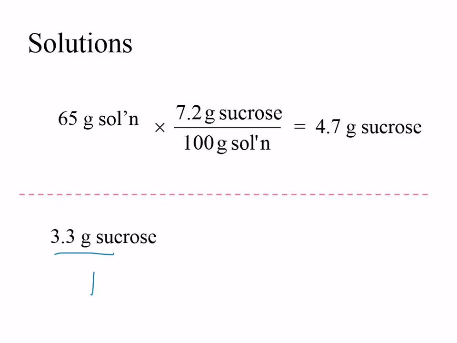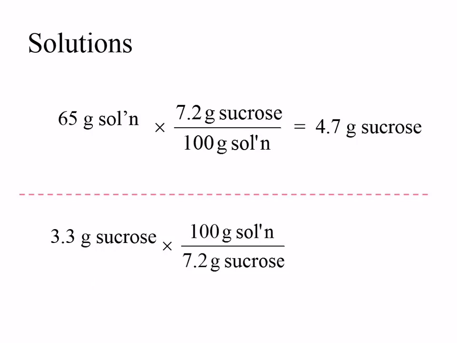In this case, we're going from grams of sucrose to grams of solution. So I bet this makes sense. Since I want grams of sucrose to cancel, I'm going to have to flip the weight percent. So I'm going to put 100 grams of solution over 7.2 grams of sucrose. So in this case, the grams of sucrose cancel.